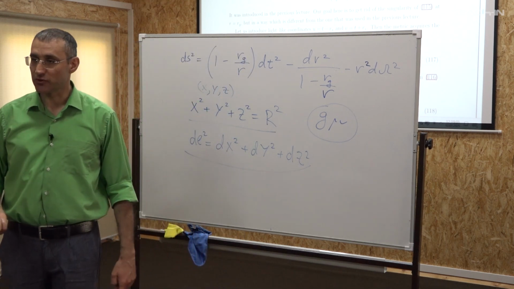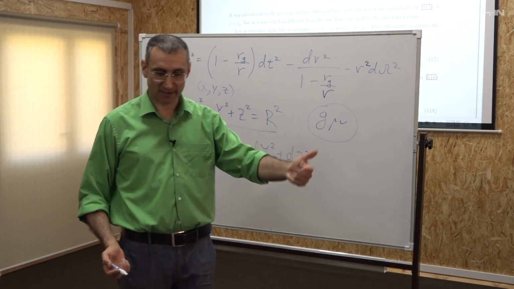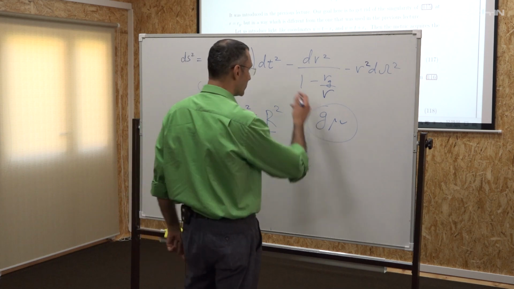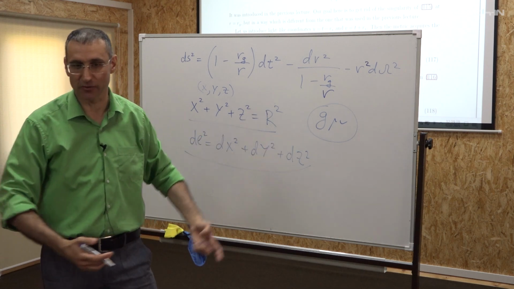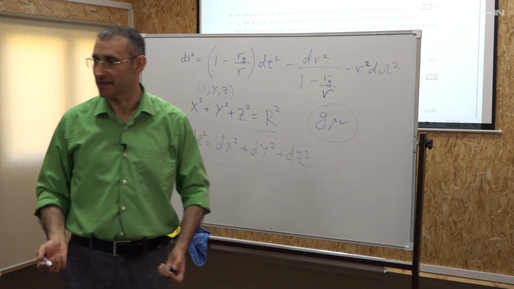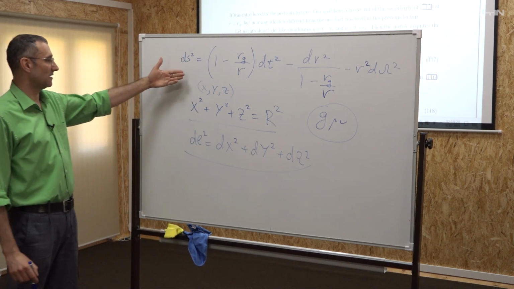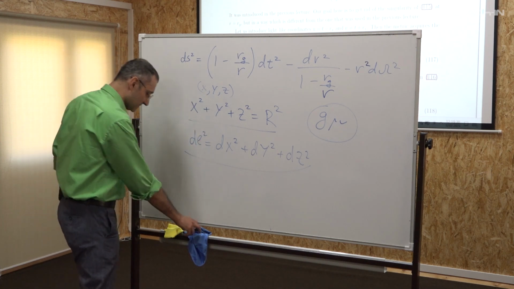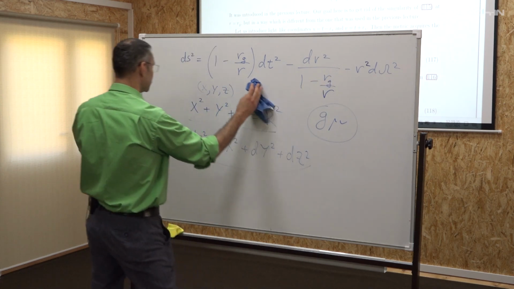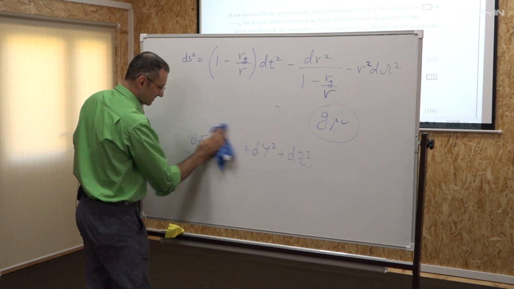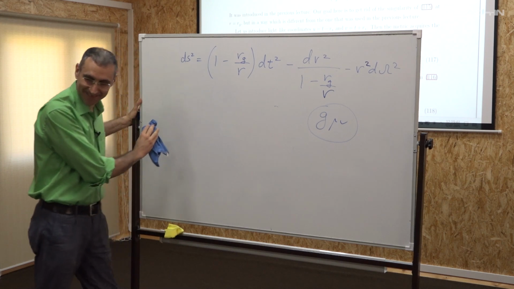So naively, you should count the number of parameters in a generic metric and add them to the dimensionality of your space-time to understand how many extra dimensions you need to embed your space-time. That's naive counting, which actually works frequently. This space is not as symmetric as the sphere, and not very generic. It's spherically symmetric at least. I mean, spherically symmetric is not as symmetric as a sphere, by the way. I hope it's clear.